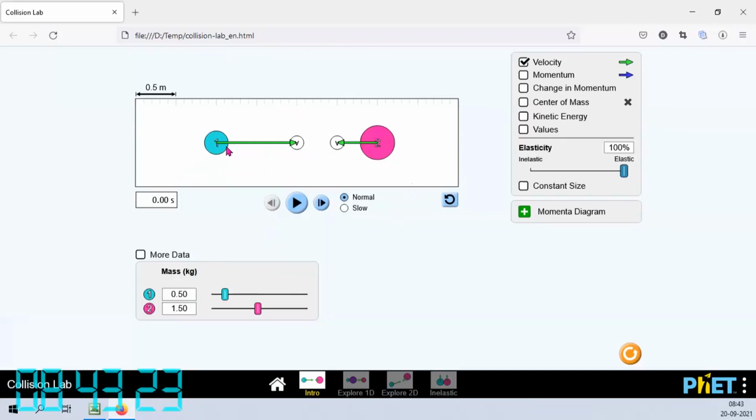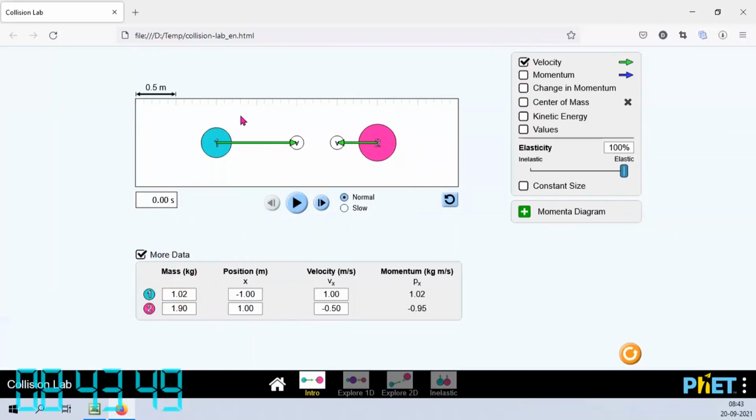So we have two bodies. They have an initial velocity, and you can vary these variables. You can adjust the mass of each body. You can adjust the velocities, the starting position, and its velocity.